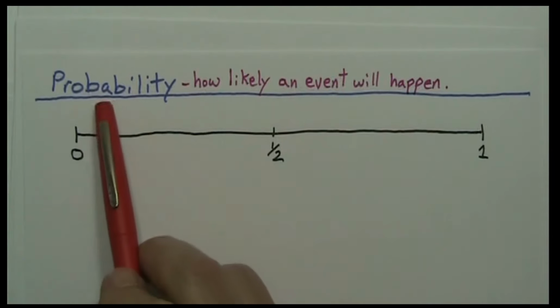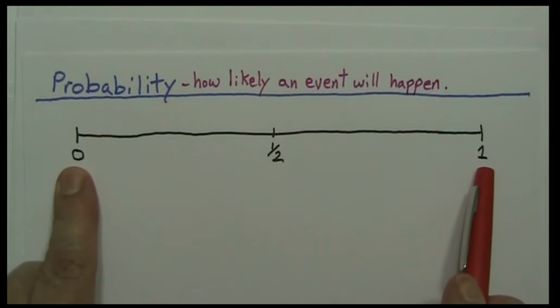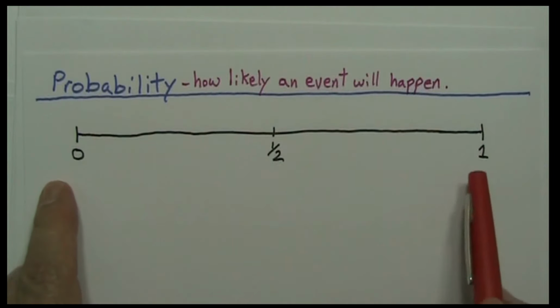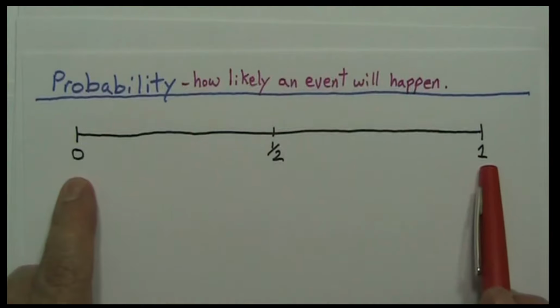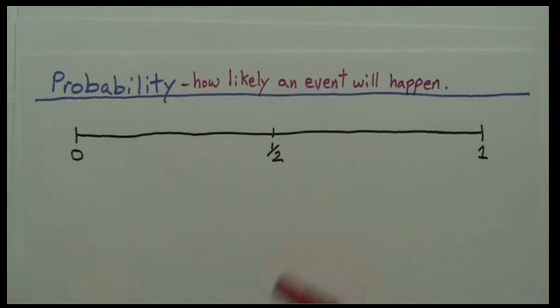Okay, and you can think of probability as being on a scale from 0 to 1. So we'll just make a little scale here. A line going from 0 to 1. Here's halfway in the middle.